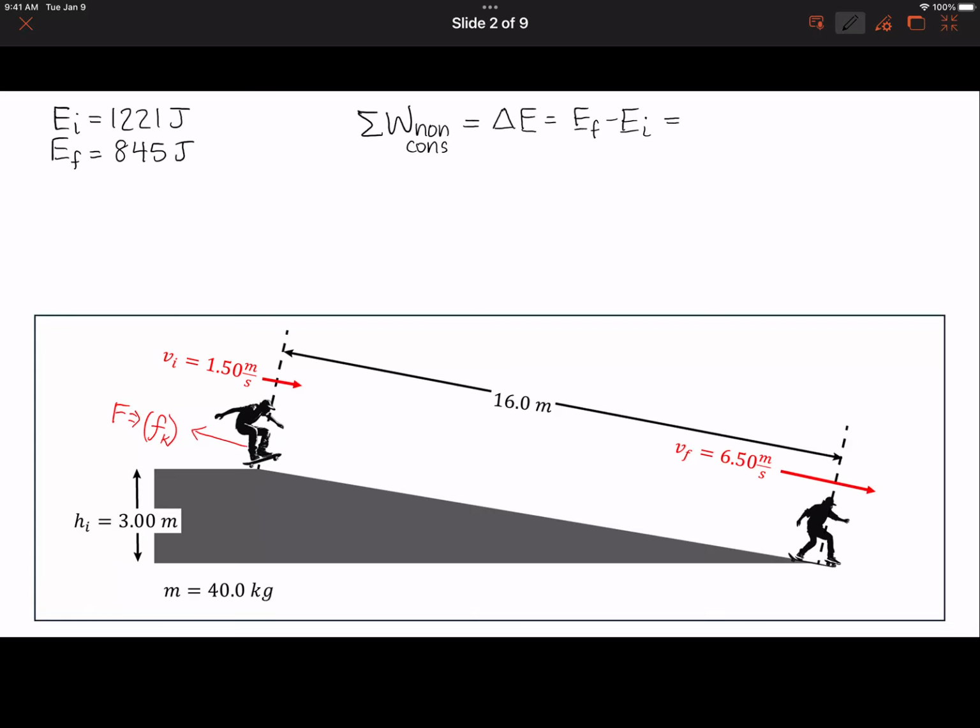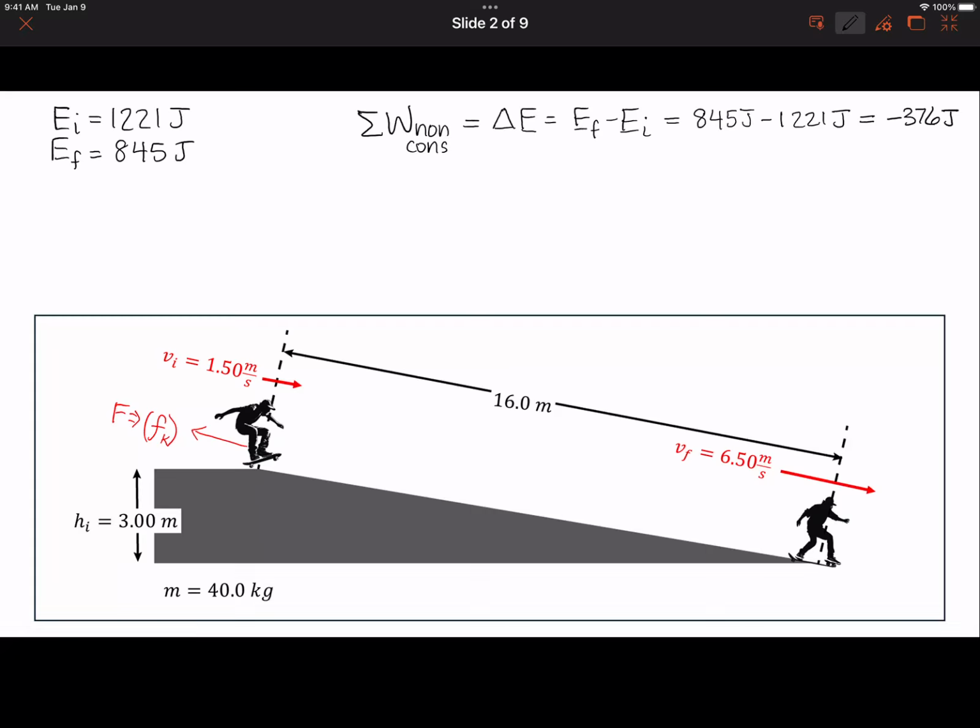So we know we can calculate what this change in energy is. The final energy is 845, the initial mechanical energy is 1,221. So the total amount of change in energy is negative 376, right? We've lost mechanical energy in our system.